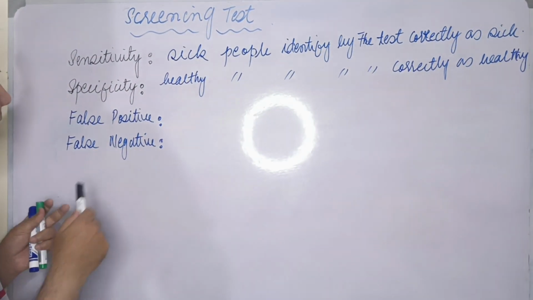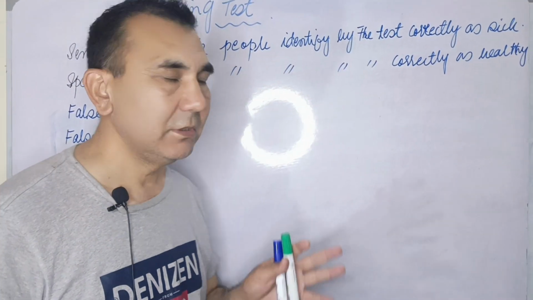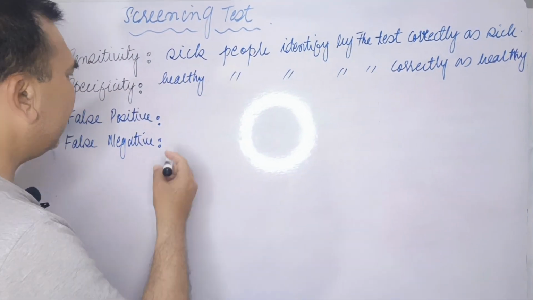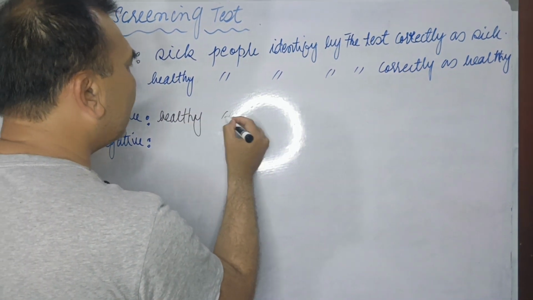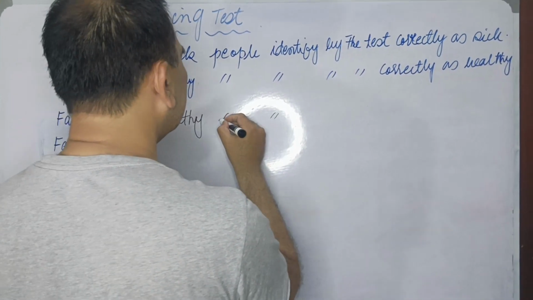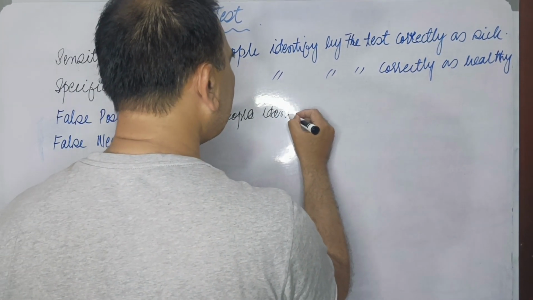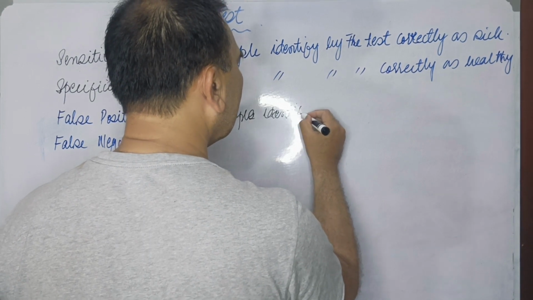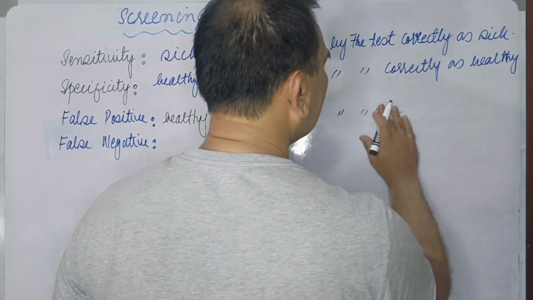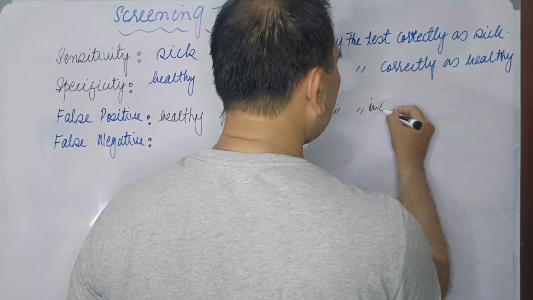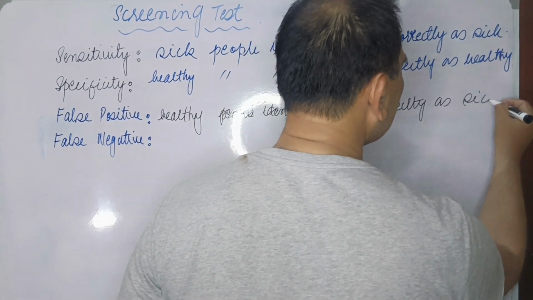The false positive is the ability of the test, it is the healthy person, the healthy people identified by the test incorrectly as sick.